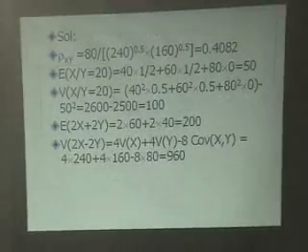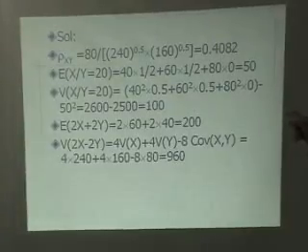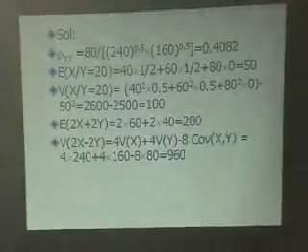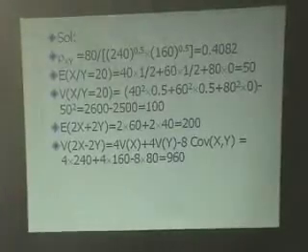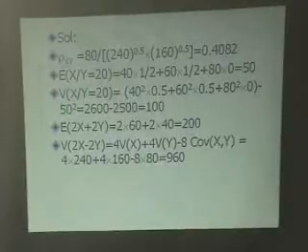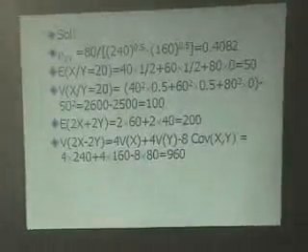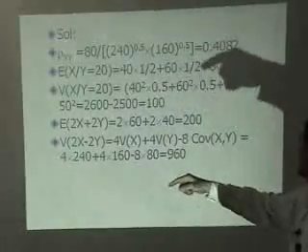Here, that is rho xy, right? If you're going to get rho xy, you have to divide it by sigma x and sigma y, okay? So basically that is there. And when you do the conditional expectation and conditional variance, of course you need to use conditional probability, okay? So here, this part, it is conditional probability.